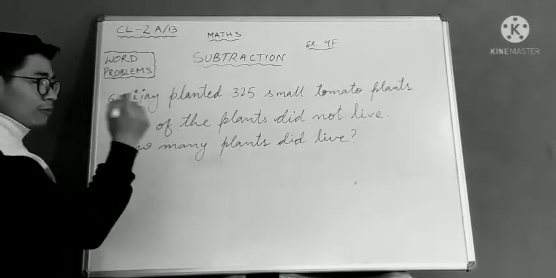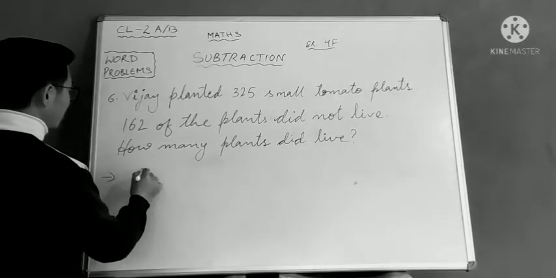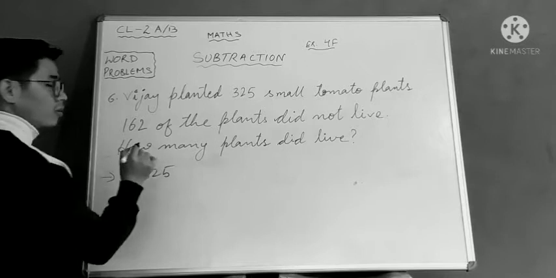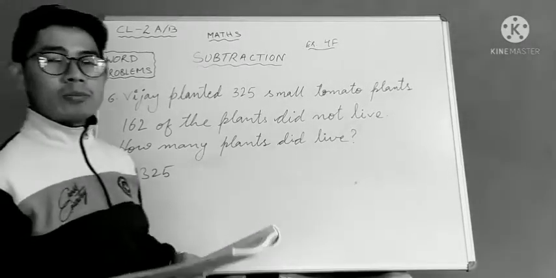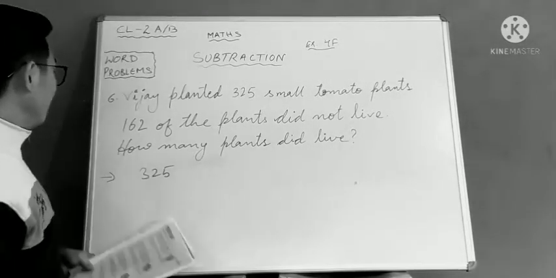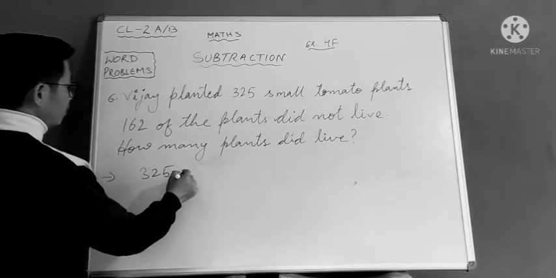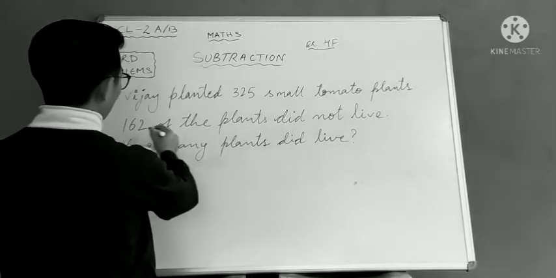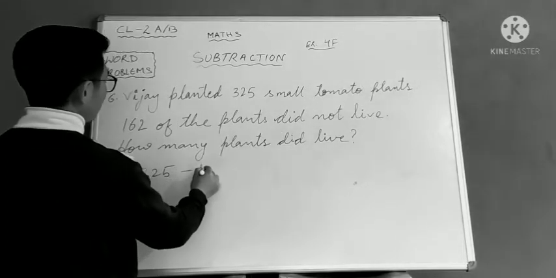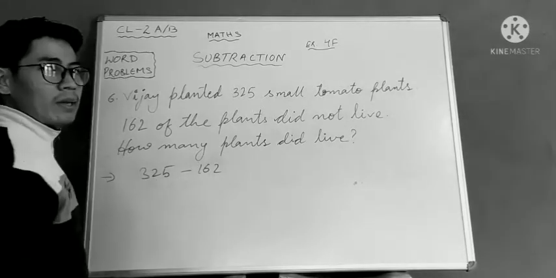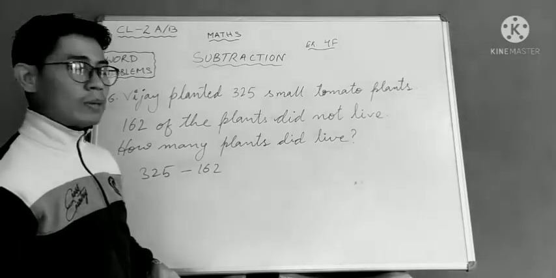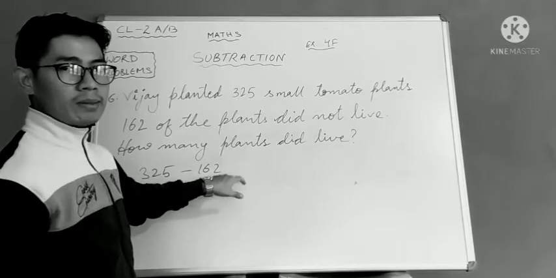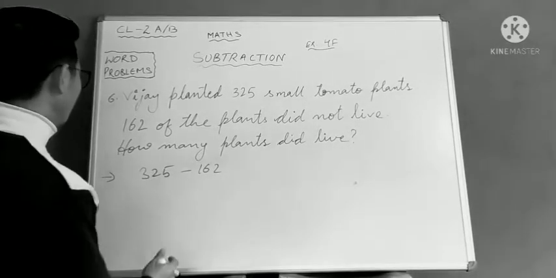Now, at first, Vijaya planted 325 tomato plants altogether. Now, 162 of them, that means tomato plants, did not live. That means they died. Okay.